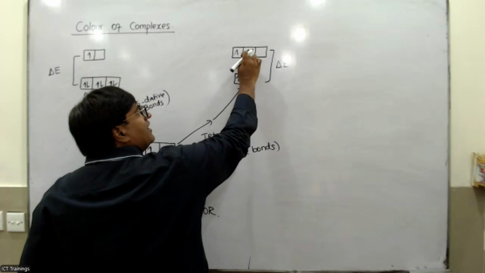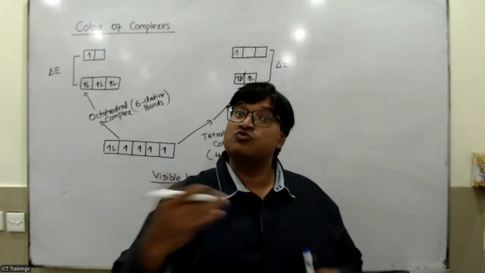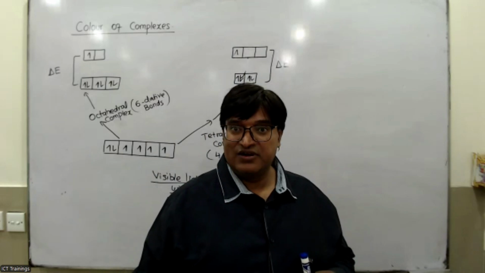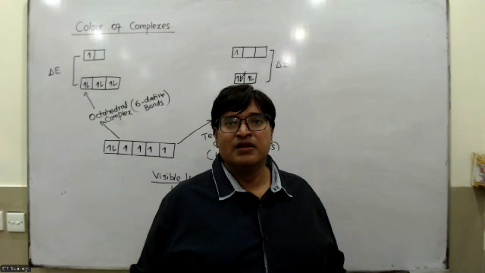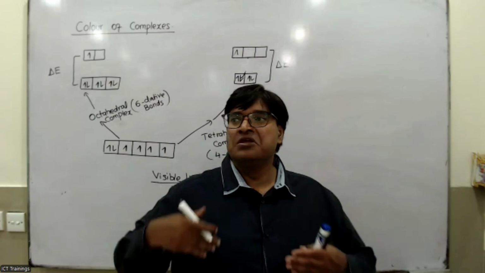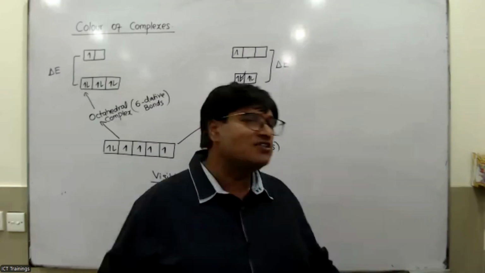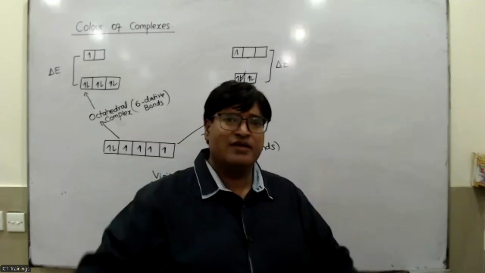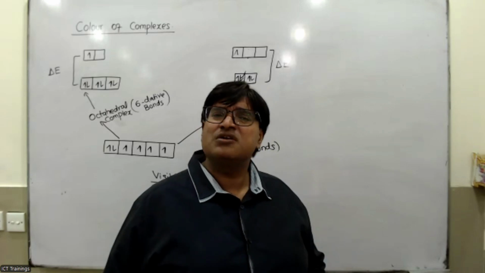So this is called the jumping of an electron from low energy to high energy level. This thing happens in ordinary elements as well, but in those elements, visible light is not absorbed. Invisible light like infrared, UV rays, microwaves, all these radiations are absorbed. We are unable to see them. If they are absorbed, it doesn't matter. We are unable to see it.